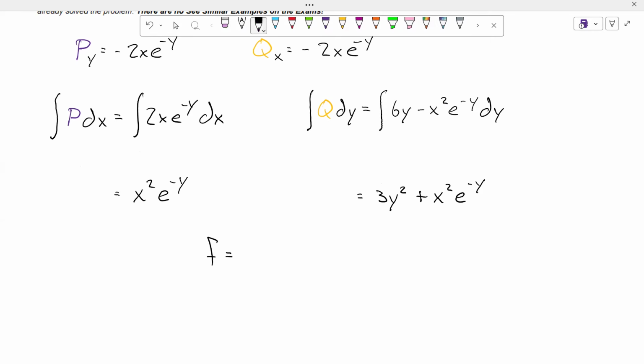Or let's write it out this way. It's going to be x squared e to the negative y plus 3y squared, where I can see that I have an x squared e to the negative y in both pieces. So it should make it into my potential function. But it should only show up once. I don't want it to show up twice because then I'd be off by an incorrect factor.